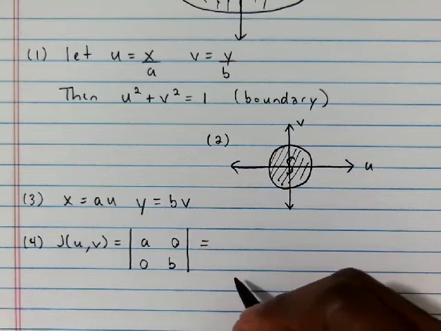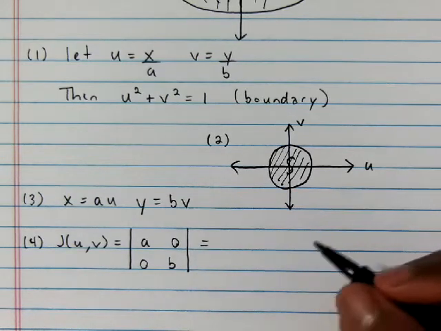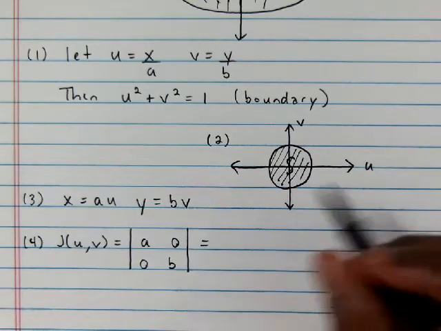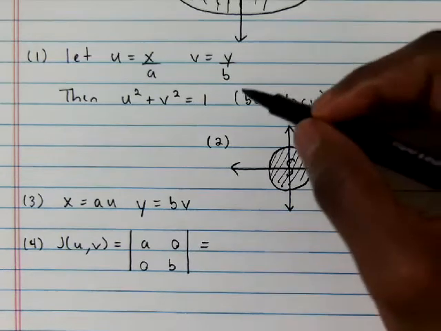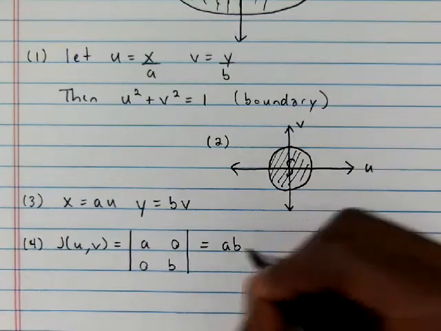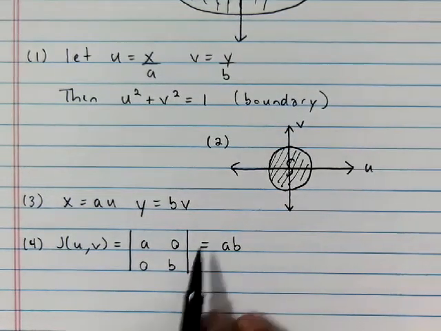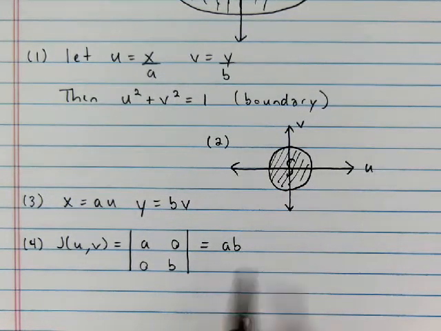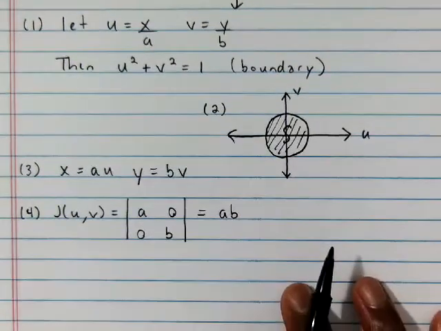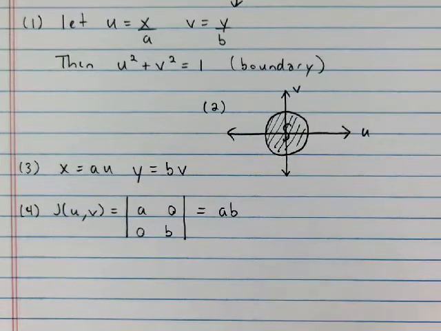So we just end up with a times b. I'll address later whether I need to use the absolute value in the integral, but I'm not in the integral yet, so we don't need to address that right now.